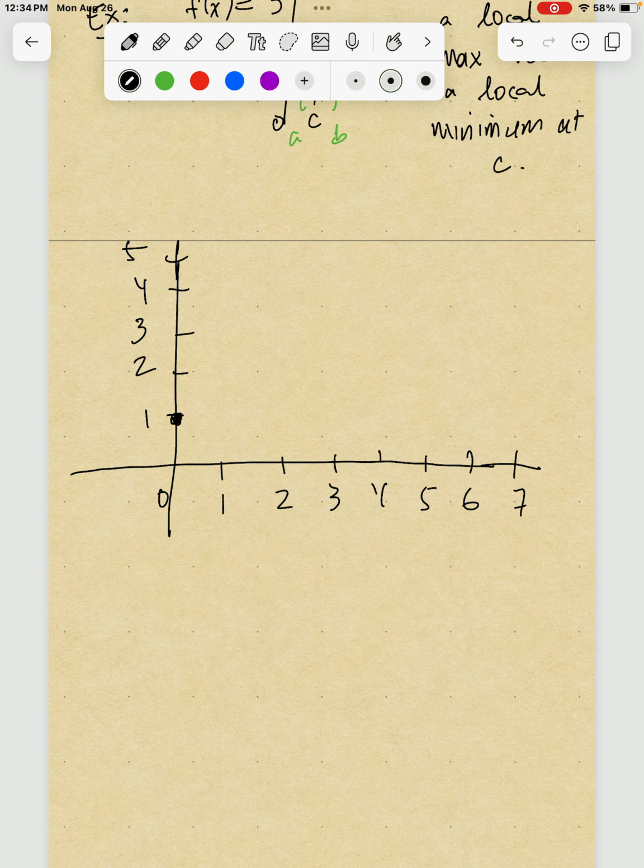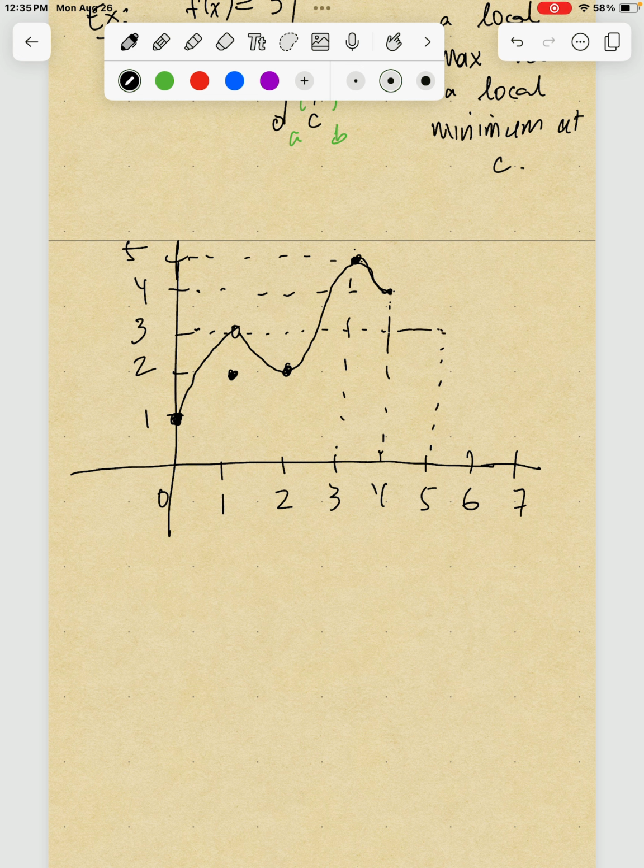And it goes through 0, 1, and then it goes up like this, and then it goes down to 2, 2, and then it goes up to 4, 3, 5, and then it goes to 4, 4, and then to 5, 3, and then it stops, and then it continues at 5, 1 to a 7, 0. So you have this function.